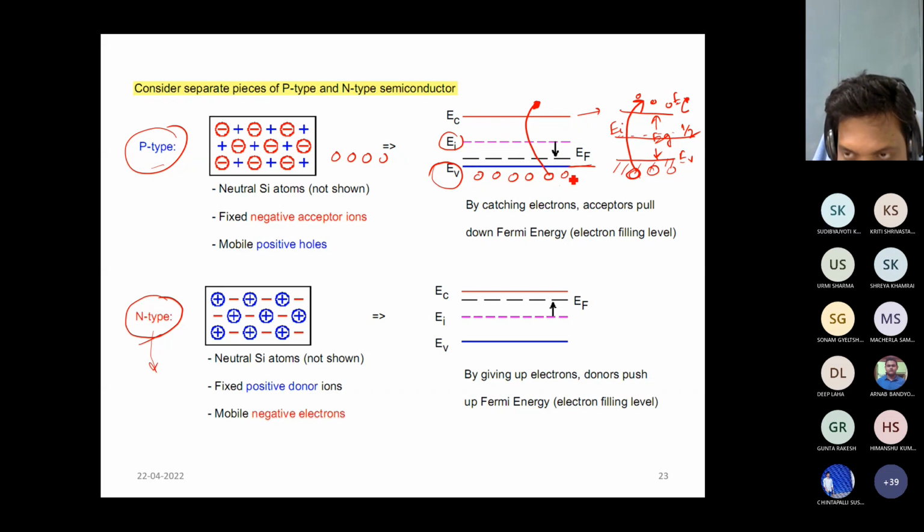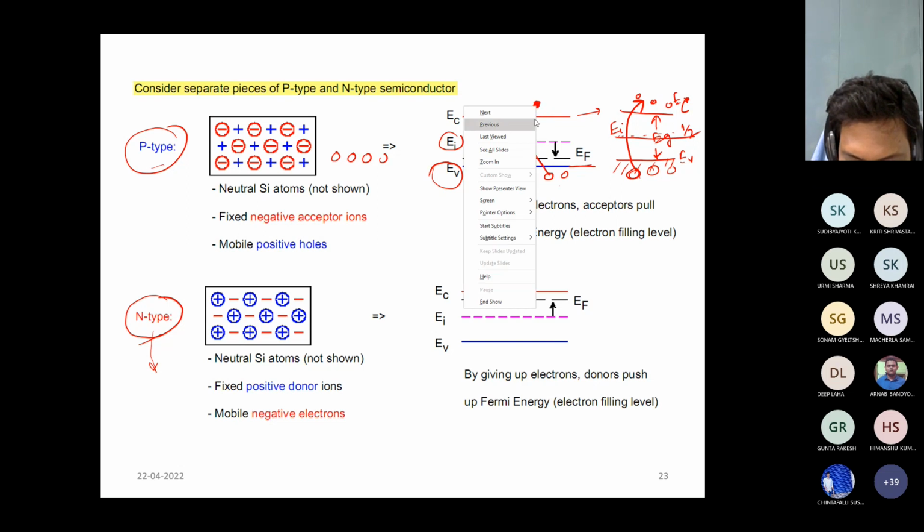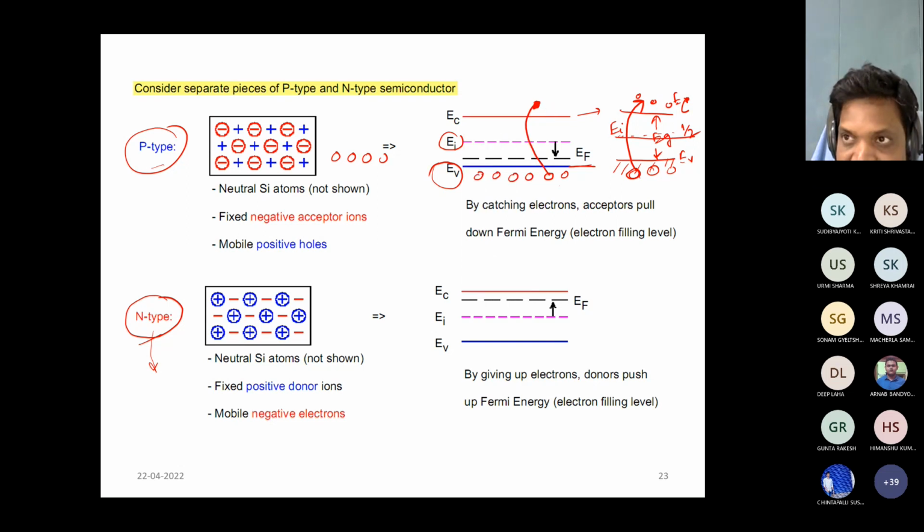Also, due to temperature, some of the electrons may get sufficient energy greater than the band gap energy, or some covalent bonds may be broken due to vibration of the atoms. Accordingly, the electrons from the valence band will jump across, because the energy is greater than the band gap energy.